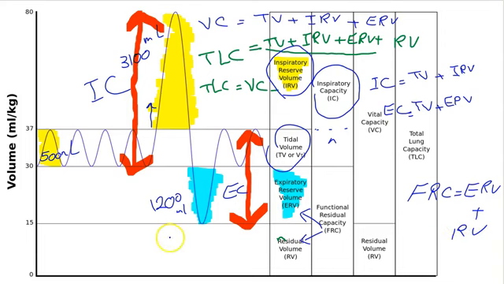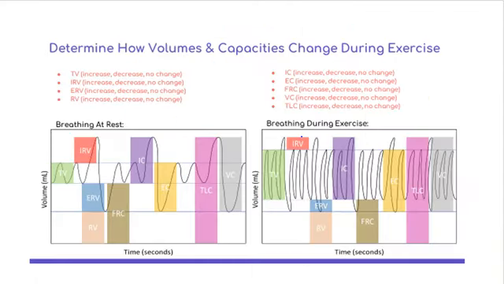So one more time, if you know how to draw this chart and label all parts of it, and also how to define each of these volumes and capacities, finding the equation or formula is also going to be easy, and you should be able to calculate any of these volumes or capacities we are asked about in our exam.